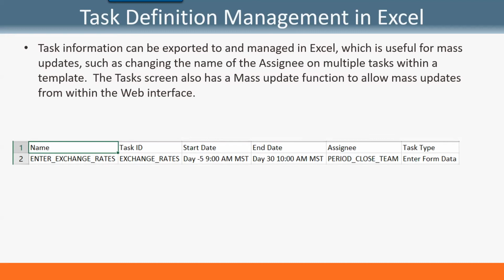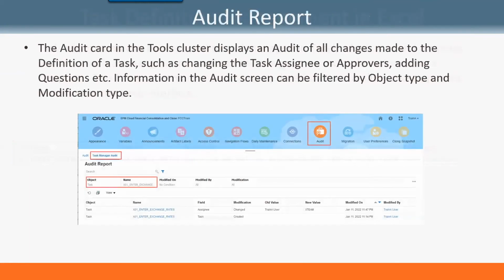So for example, if you just need to update the preparer on a whole bunch of tasks, you can do that in the web interface. But you can also dump everything into Excel via an export, make your changes in Excel, and then re-upload the data, right? And that's still going to update the history of the task definition. So nice way to be able to manage things in Excel if you want.